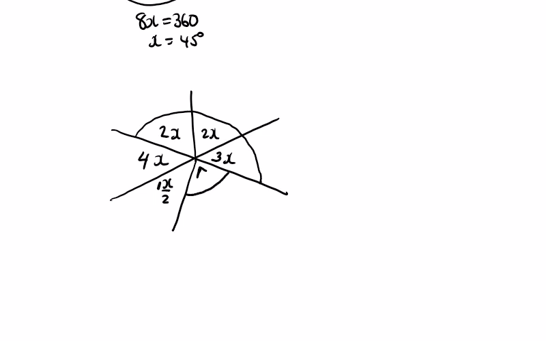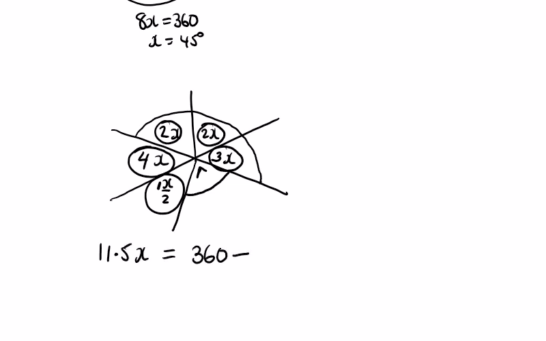And because this is not drawn to scale, we take all the x's. We say 2 plus 2 is 4, plus 3 is 7, plus 4 is 11 and a half. So we have 11.5x has to be equal to the whole thing, 360, take away this one in here, which you guys know from the symbol is 90.